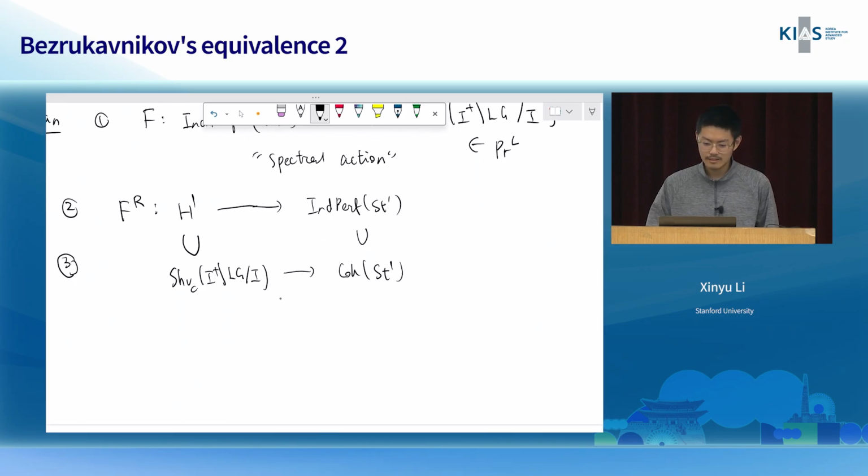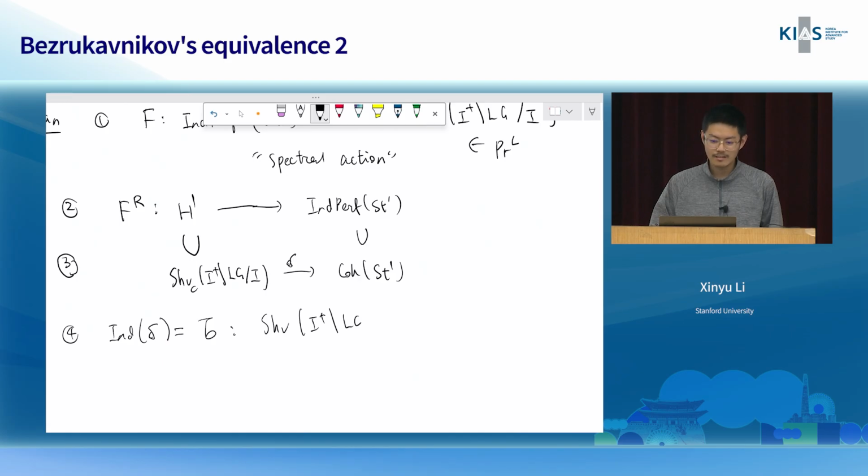So I denote this induced functor by the Cyrillic letter B. And if I take the ind-completion of that, which I denote by the capital Cyrillic letter B, then it's what we expect to be an equivalence.